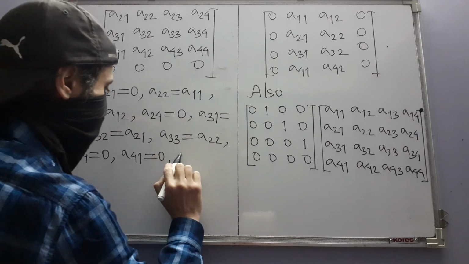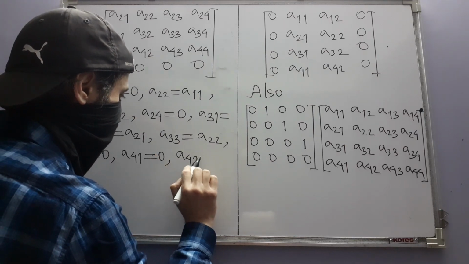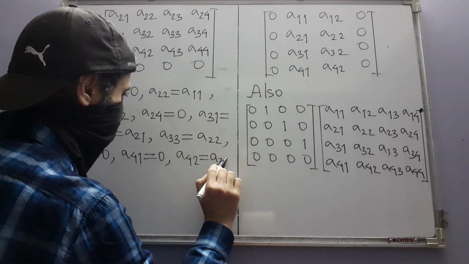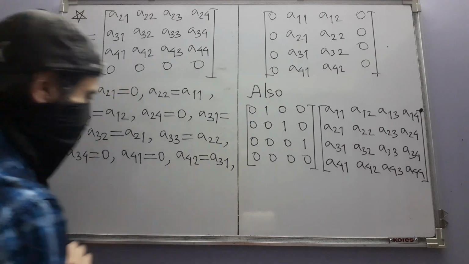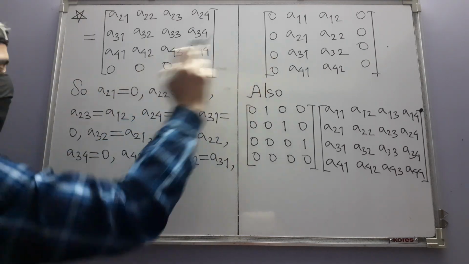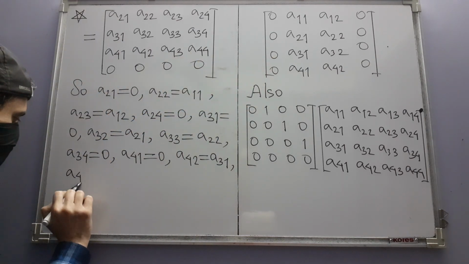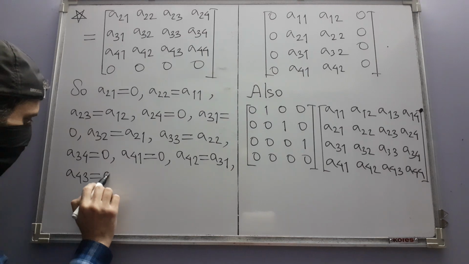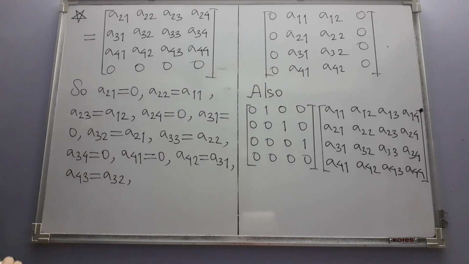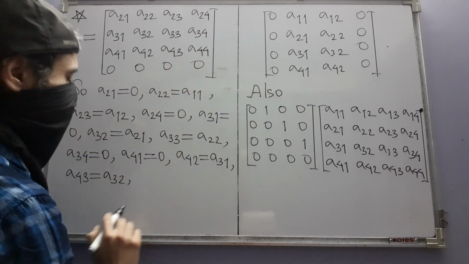Then the third row, A41 is 0. A42 is A31. Then A43 is A32. Then A44 is 0.